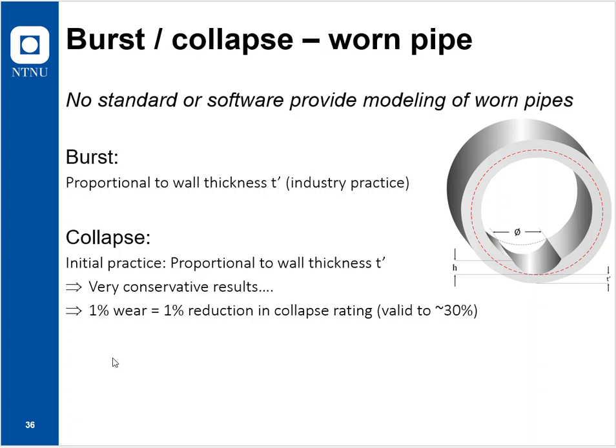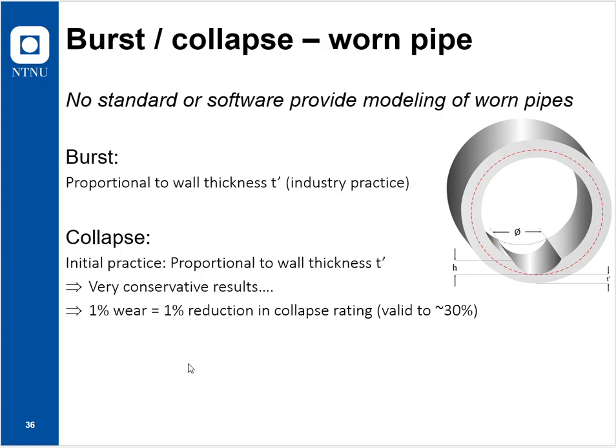You see in casing wear that they allow some wear, and basically that's built on this formula, again Barlow, with its accuracy, and then API formulas. What they do is 1% wear equals 1% reduction in collapse rating, and it's valid up to as much as 30%. From there on, not applicable for use.